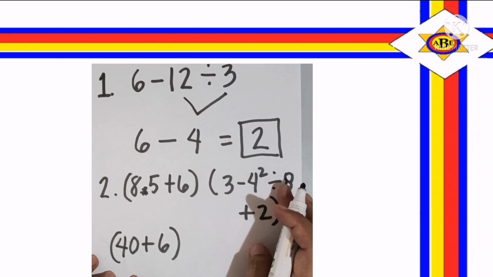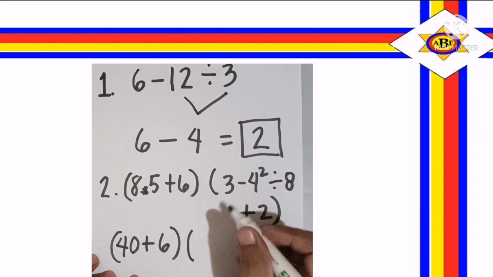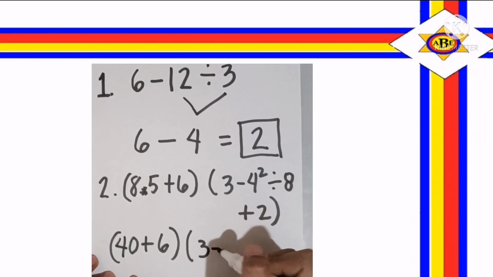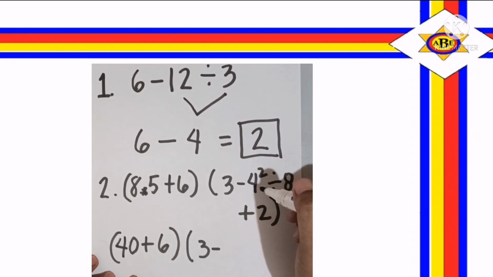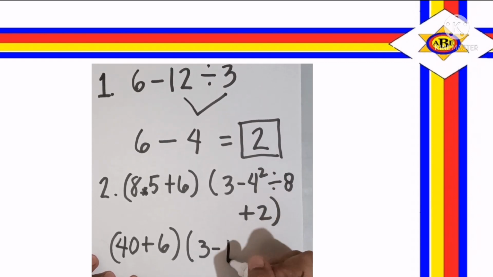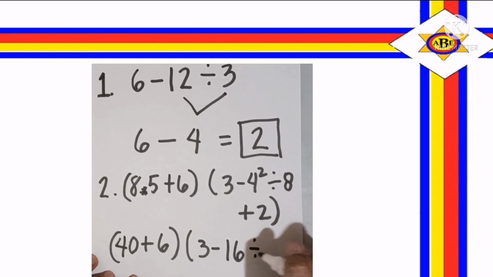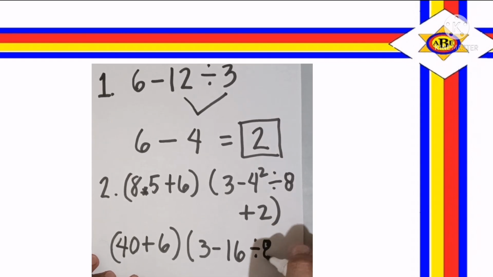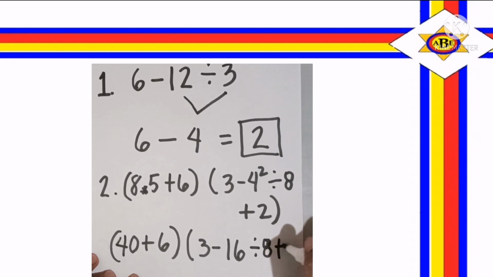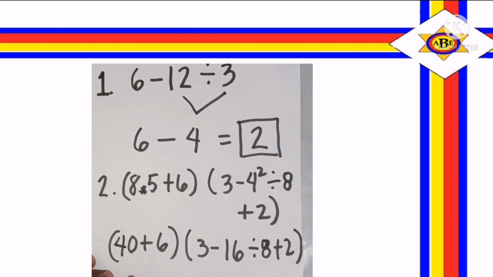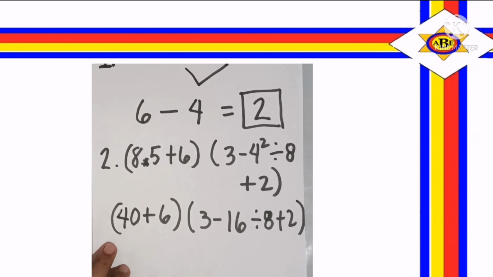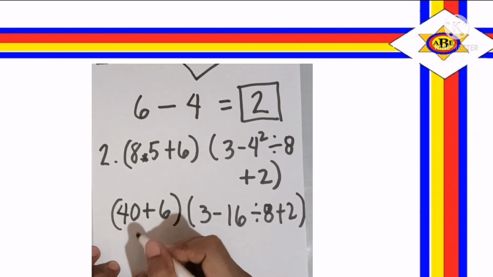So, we simplify this first. Then, copy the number 3, subtraction. 4 times 4, that is 16. Okay? Then, divide it by 8, plus 2. So, 46.